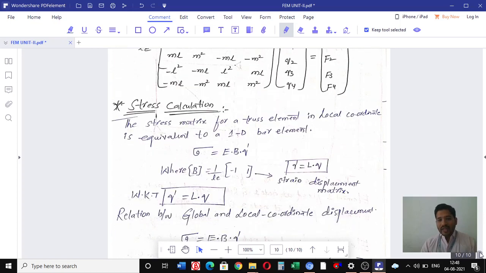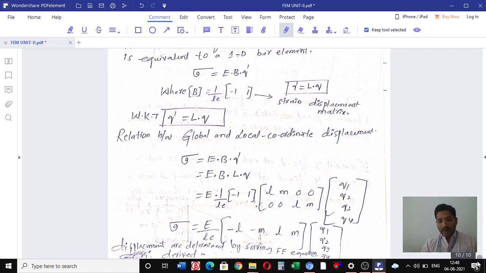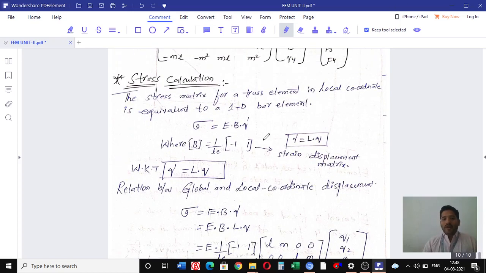Clear? After that we need to find out the stress calculations. If you want to find the stress in a local coordinate system for a one-dimensional element, sigma is equal to E into B into Q dash. Clear? B is the strain matrix, or we can say the strain displacement matrix. B can be represented by 1 by LE into minus 1, 1.